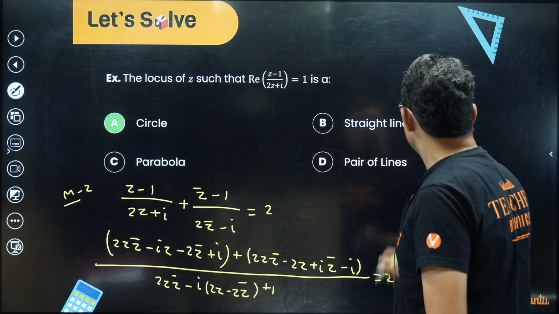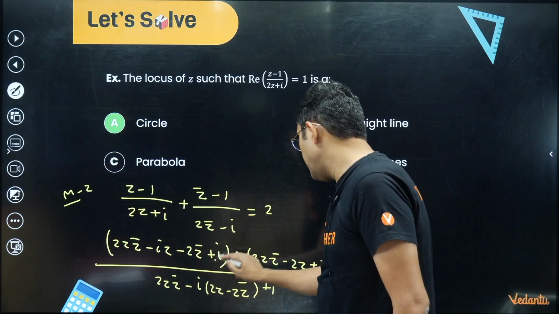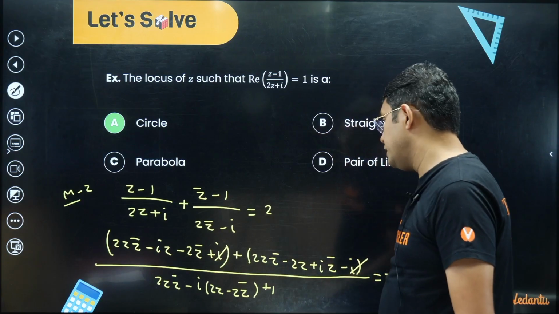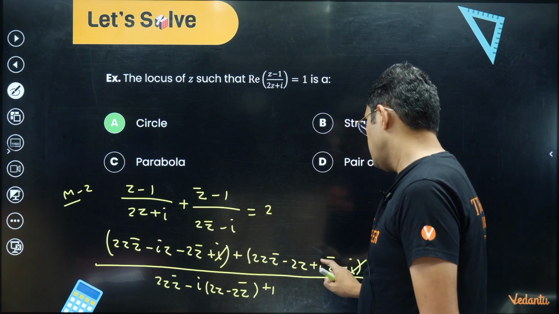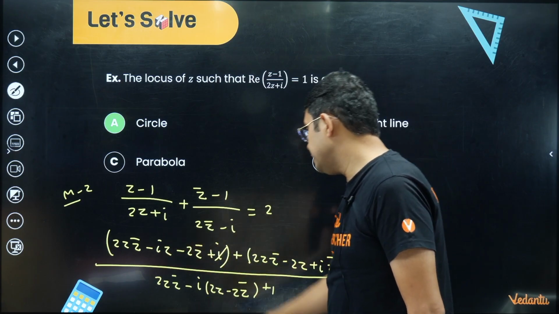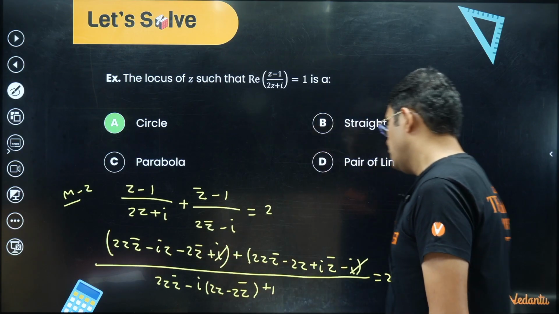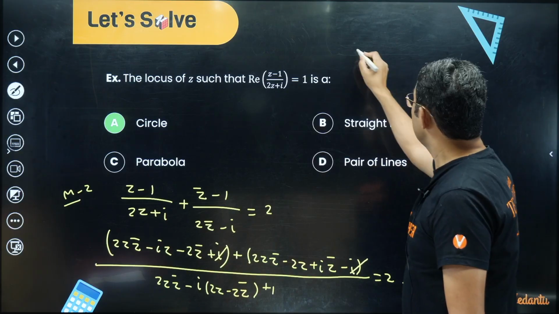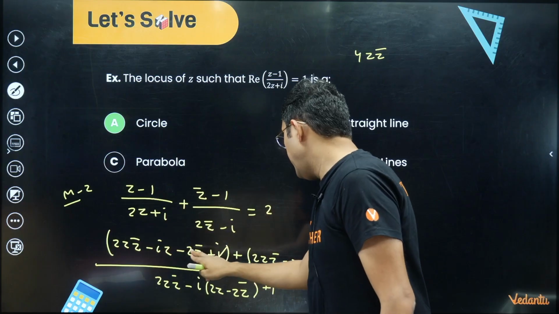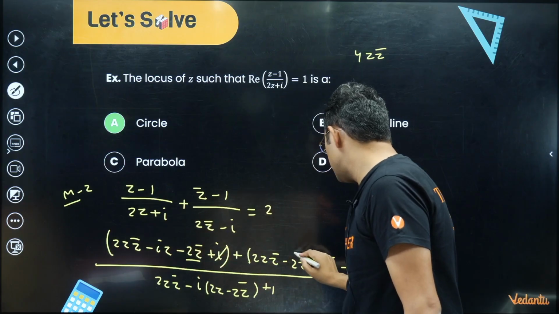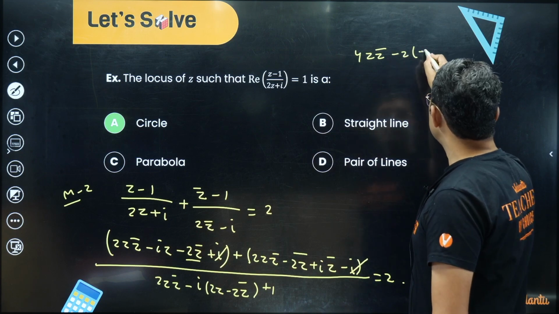Now let us see if something is getting cancelled out. I think this iota and minus iota is getting cancelled. 2z, and here it is minus iota z, 2 iota z bar. Let us write this way: 4z into z bar in the numerator. If I write these two things together, minus 2 times z plus z bar.